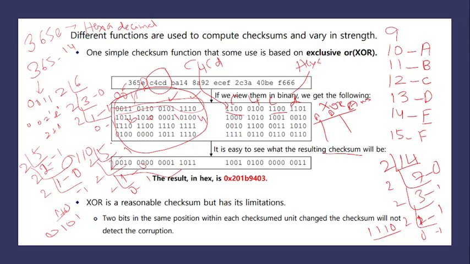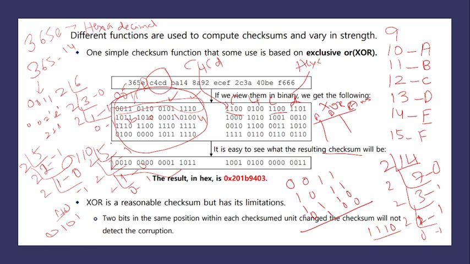Let's check it here. What values we had? We had the values of 0 0 1 1, 1 0 1 1, 1 1 1 0, 0 1 0 0.